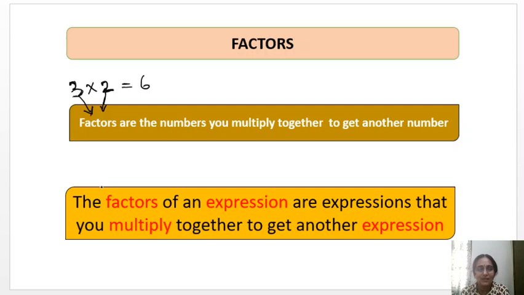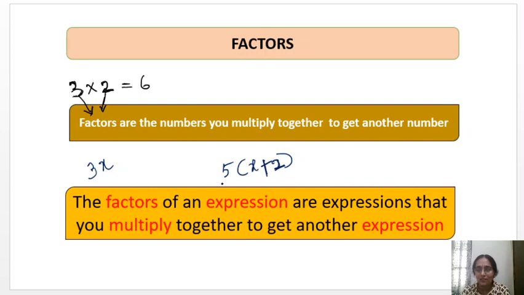So here, what are the factors of an expression? Let me write 3x. Here 3 and x are the factors of this expression. Suppose I write 5 into x plus 2, this is one expression, right? What are the factors of this expression? How do you get this expression?